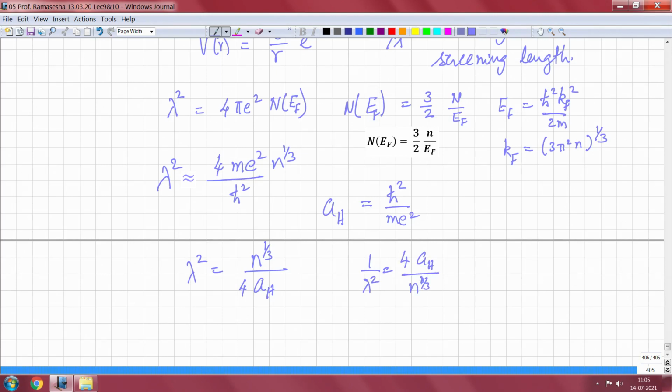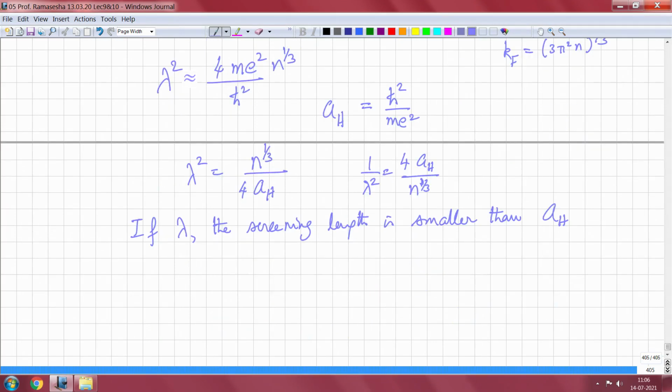Now let me come back to the following: if lambda, the screening length, is smaller than the Bohr radius AH, then exciton cannot be formed.